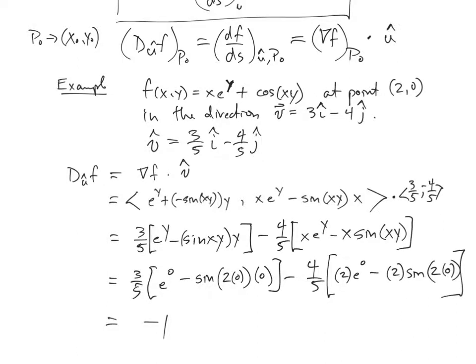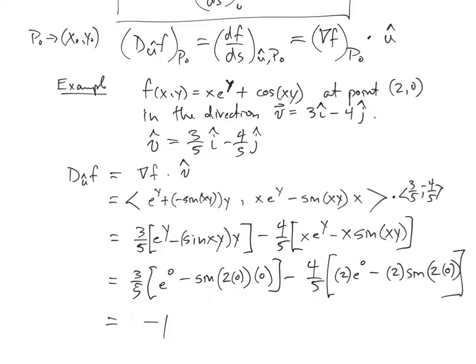So the slope of this function in the direction of v at that point is equal to negative 1. That means at that particular point, the function is decreasing because the slope is negative as we move in the direction of the vector v.